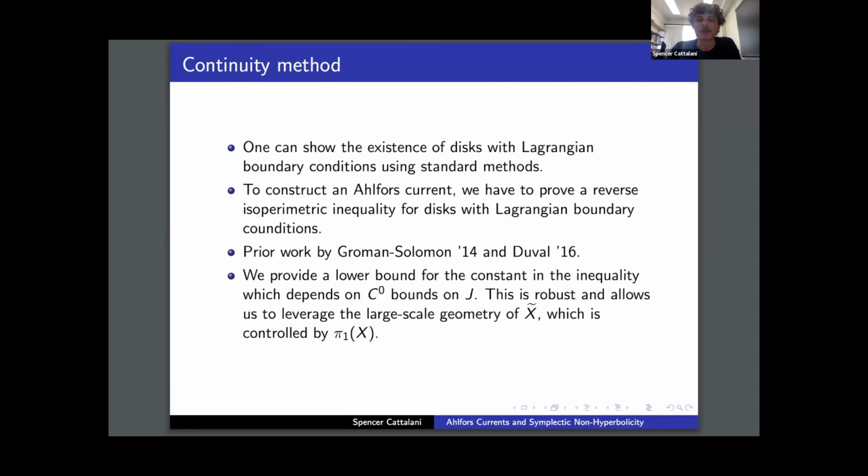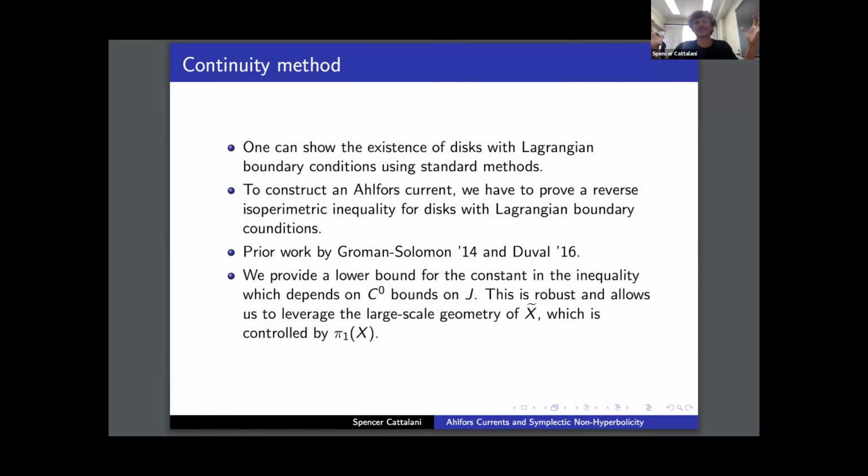I provide a lower bound for the constant in the reverse isoperimetric inequality, which depends only on the C0 bounds of J. So the idea is if you're, say, just in R^n, if you have some torus, you want to scale it and hope that the constant goes up.